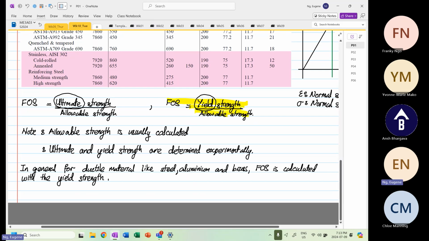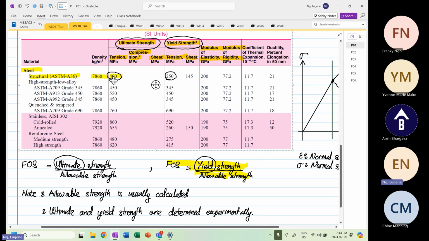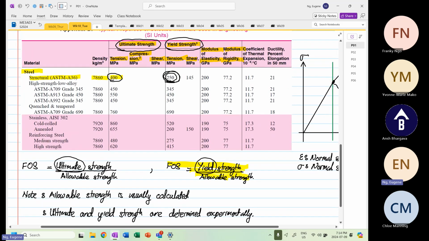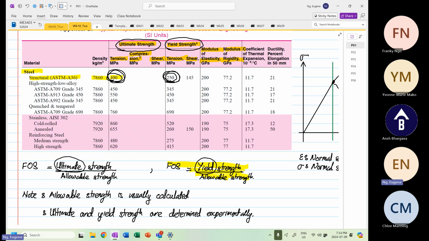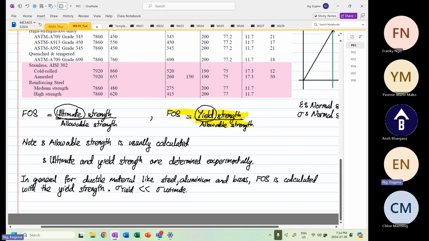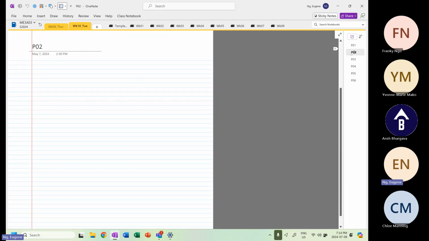This is because the yield stress is so much lower than the ultimate stress. If the yield strength is so much lower than the ultimate strength, we always tend to use it for ductile material.